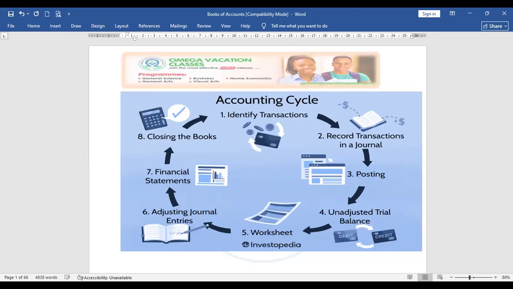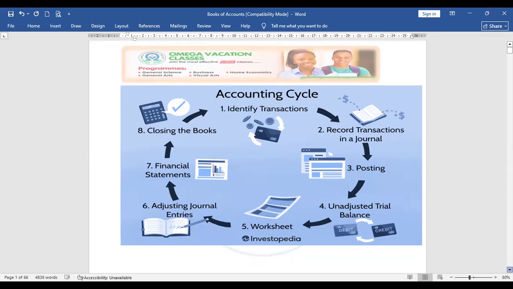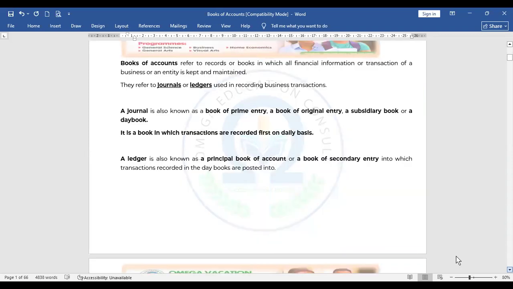So, for example, let me give you a scenario. If your daddy gives you money to pay school fees and you come home, how do you prove to your father or your parent that you have paid for the school fees? I need an answer on that. How do you prove to your parents that you've paid the school fees?